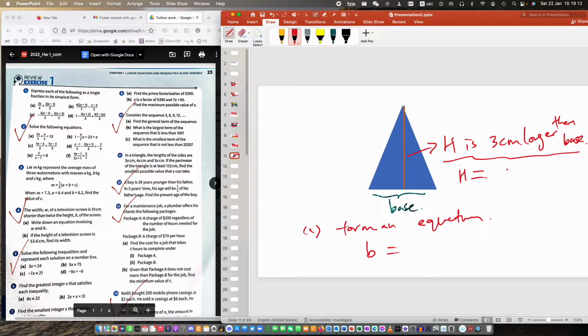So what's the expression? What's the equation? 3 cm longer than the base. Base is b. 3 minus the base.